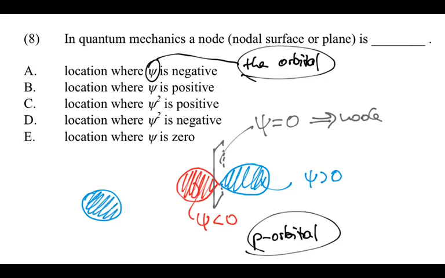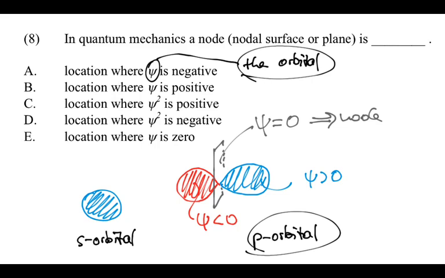How many nodes does an s orbital have? None, exactly. So that's lower in energy because it has fewer nodes. Then there are also d orbitals. They look different again, with 4 lobes, so they have 2 nodal planes. That's a useful thing to know: the more nodes, the higher in energy. It's always true.